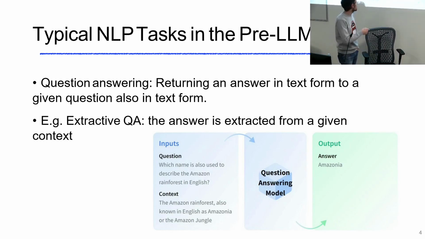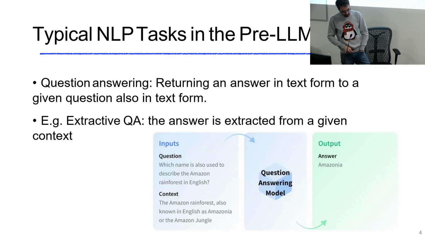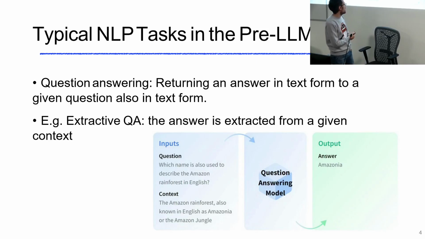Usually the context is not given along with the question, but can stem from a database of facts. Don't be surprised if many of these things nowadays can be done with large language models and generative AI.